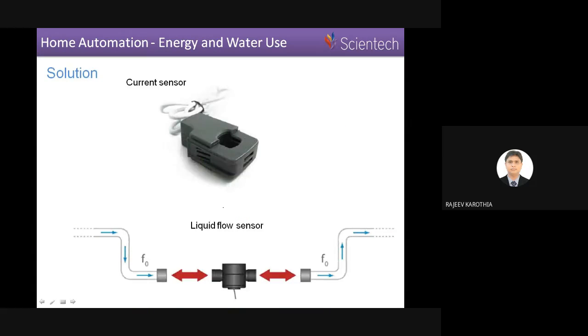There are some solutions to monitor, like if we are talking about energy, we have some current sensors, so you can monitor the current of the different devices. With that you can also make some applications relevant with predictive maintenance. So what is predictive maintenance?